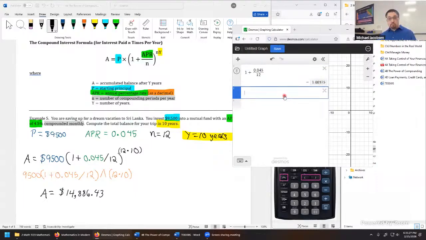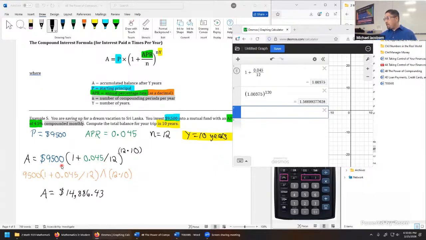Then the next thing you might put in the calculator is 1.00375 to the power 12 times 10, so 120. So we have done the thing on the inside, following order of operations. Next step is the exponent. So we raise the thing on the inside to the exponent. And the final step is to multiply.